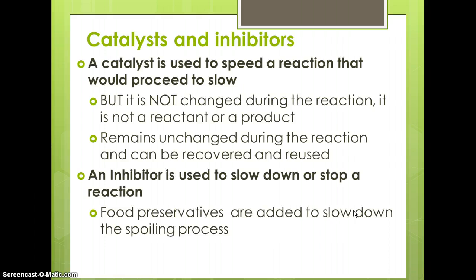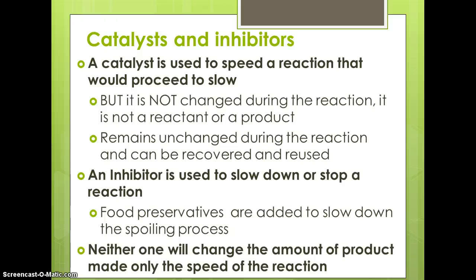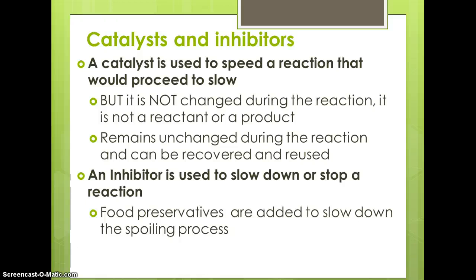We're not stopping it completely because eventually your food will get moldy, but we are definitely slowing it down by adding those preservatives. The preservatives themselves are an inhibitor. Two of the main inhibitors are food preservatives such as BHT and BHA.